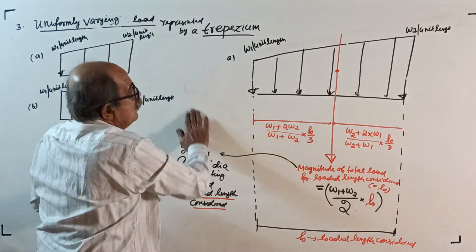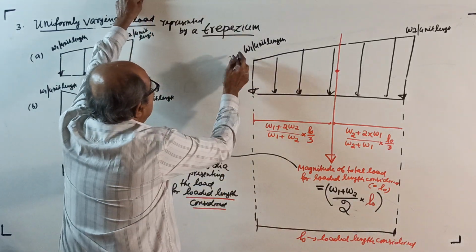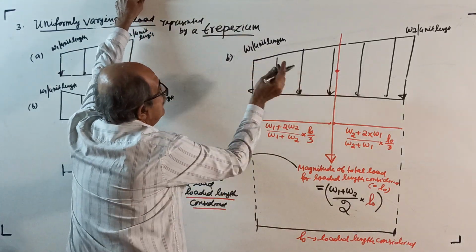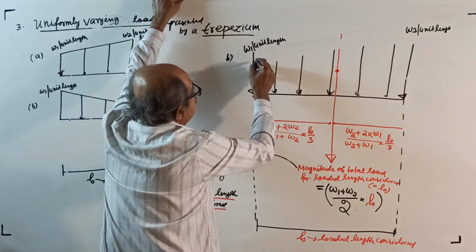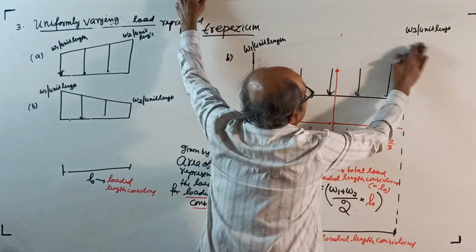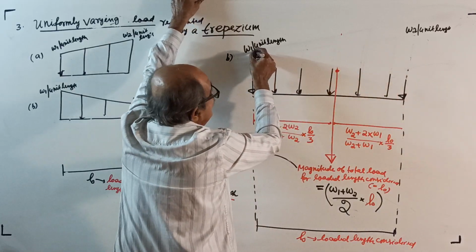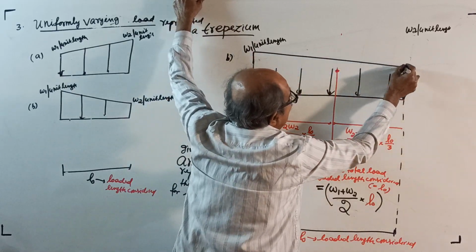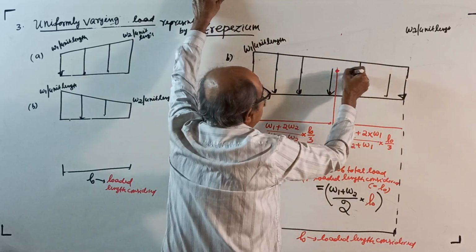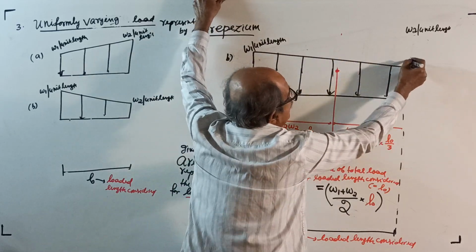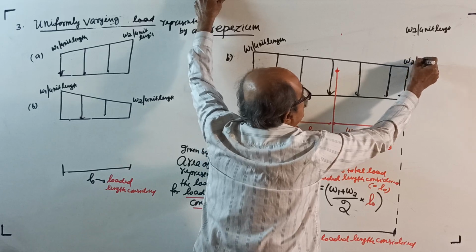Okay, that is over. Now B. To save time, B. In case of B, what happened? W1 is bigger, W2 smaller. This is my advantage of using the space. This way, this is W2 per unit length.